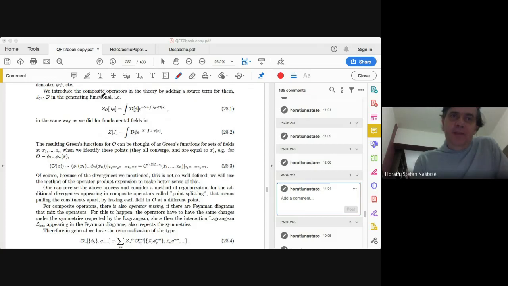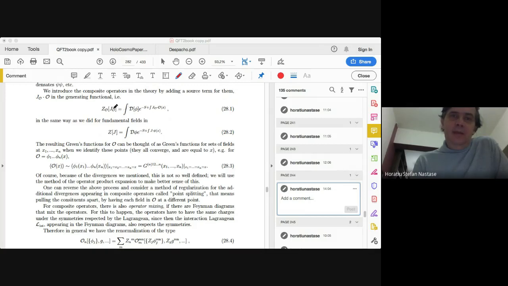So how do we introduce composite operators into the theory? Well, we introduce them the way you introduce a field, by adding a source for them. So for the fundamental field, I would write in the path integral e to the minus S, but then I would add the integral of J dot phi at x.